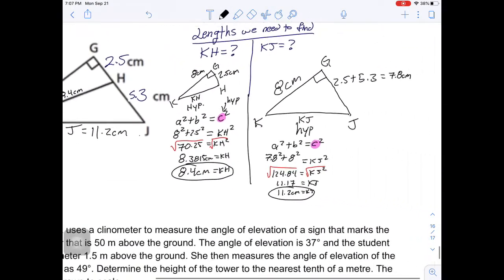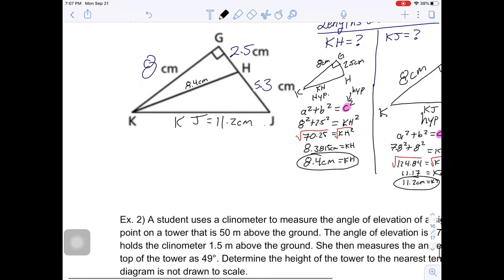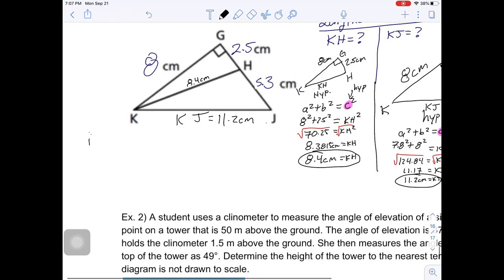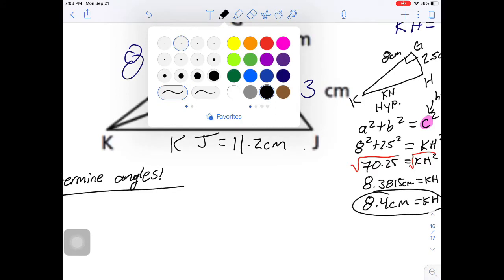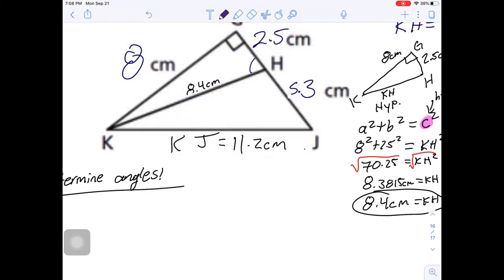What's left? Well, what's left is the angles. So we must determine angles. Okay, so what are the angles we have to find? Well, we're going to have to find this angle here. I'm going to call this angle 1.